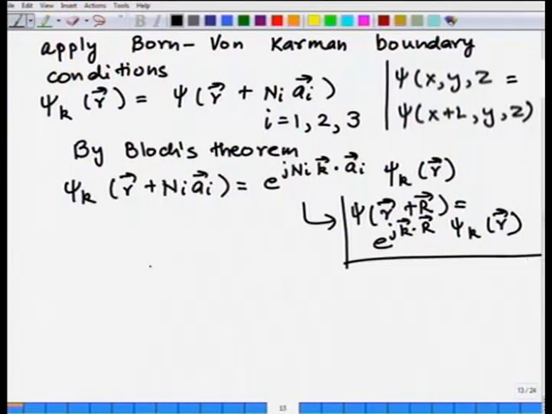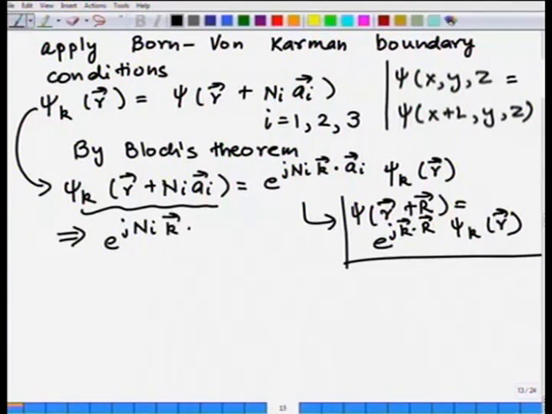So, that is what I have applied here. Okay, what does that mean? You substitute in there. Since this quantity should be equal to phi of r, this implies that e to the power j n_i k dot a_i should be equal to 1.